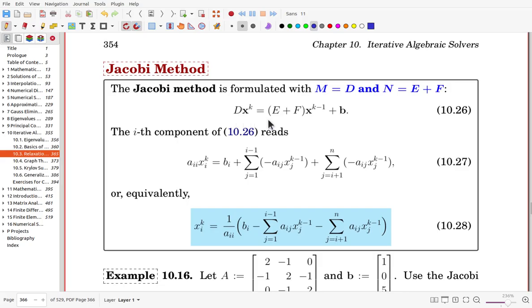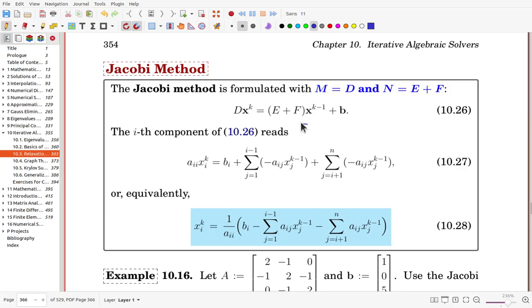Okay, we have this matrix equation for the method, with the old iterate. And by solving this matrix equation, we can get the new iterate. Now we consider the ith component, the detail of the equation.